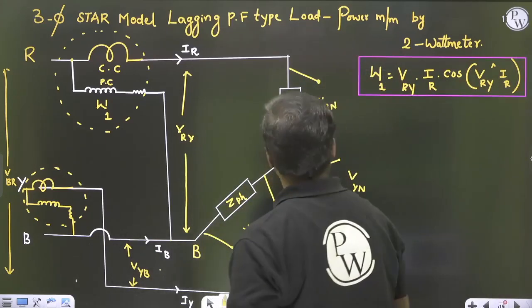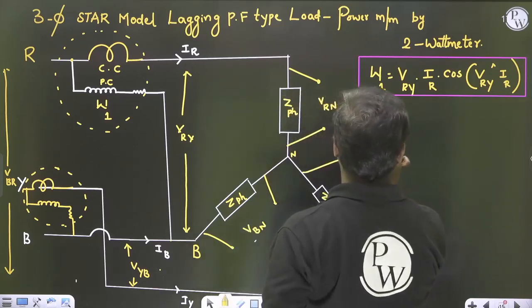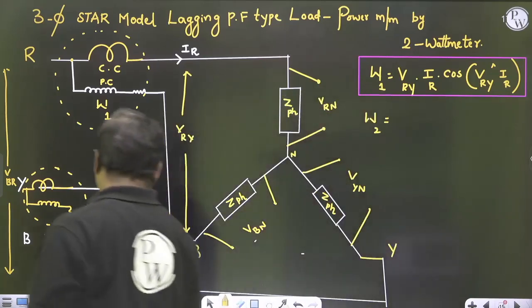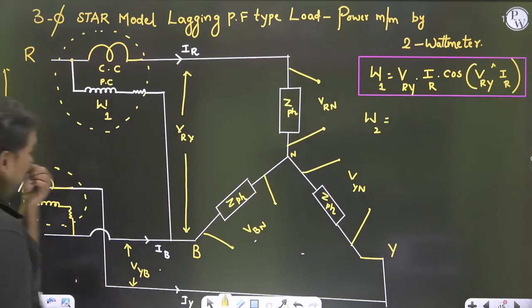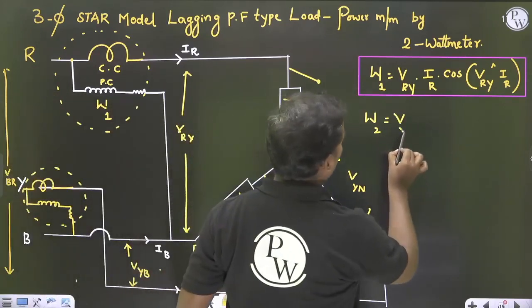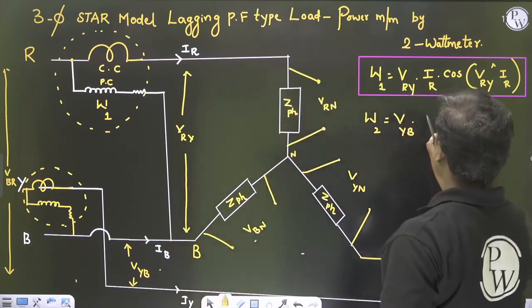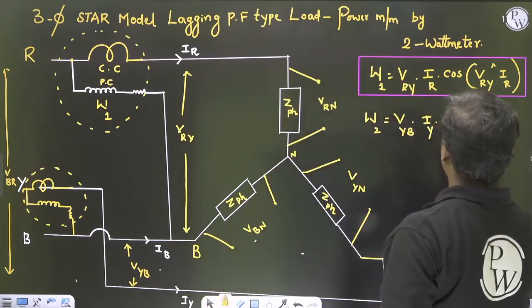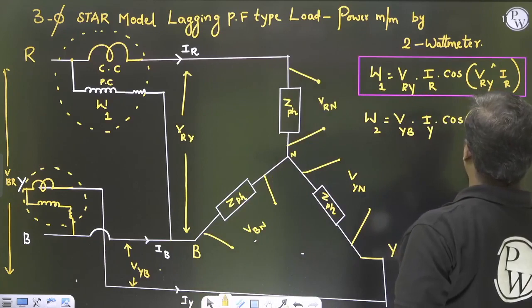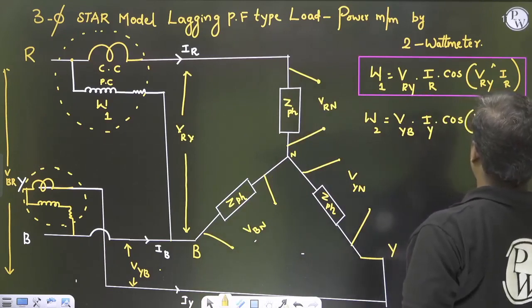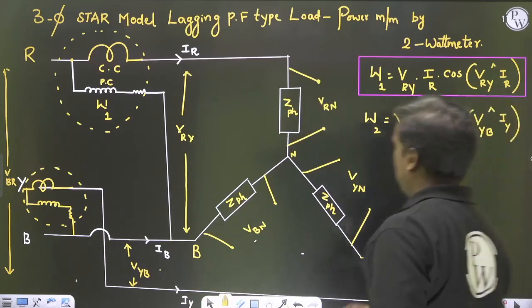Next, wattmeter 2 is between Y and B. So this is the VYB, and the current is IY, and the cosine of the angle between VYB and IY.